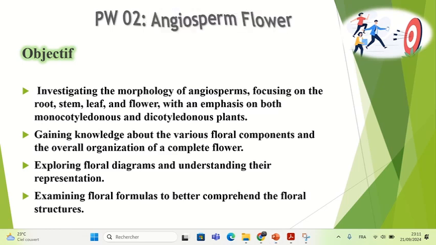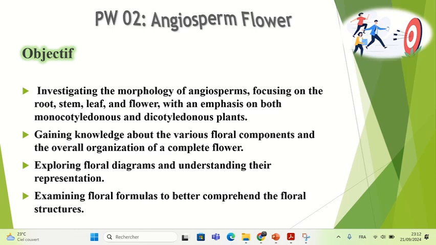So, the second practical work, entitled Angiosperms flower. The objectives are investigation of the morphology of angiosperms, focusing on the roots, stems, leaves, and flower, with an emphasis on both monocotyledonous and dicotyledonous plants, gaining knowledge about the various flower components and the overall organization of a complete flower.